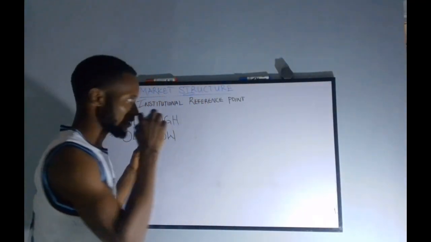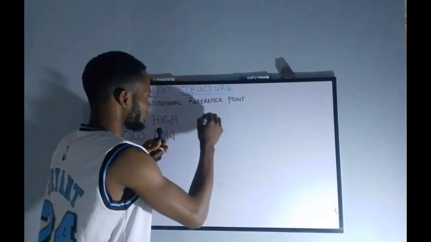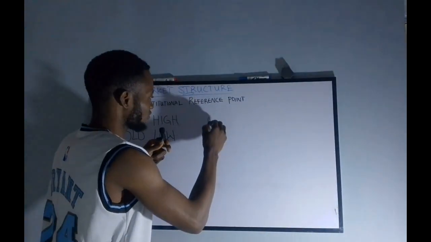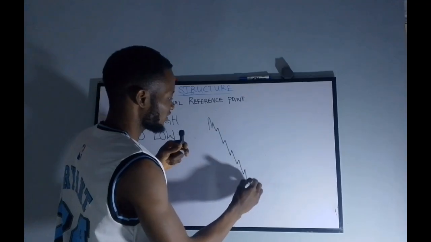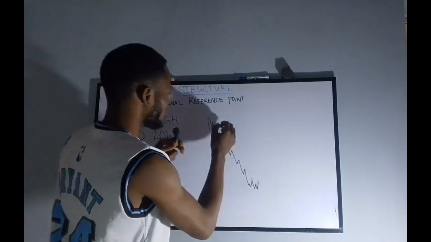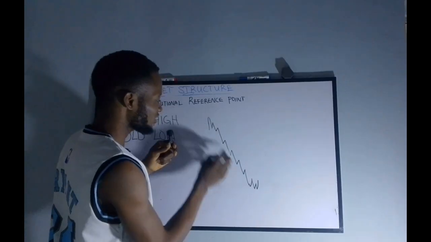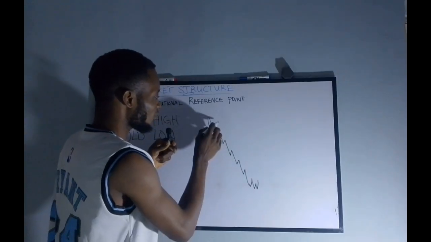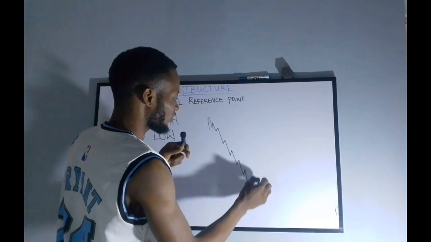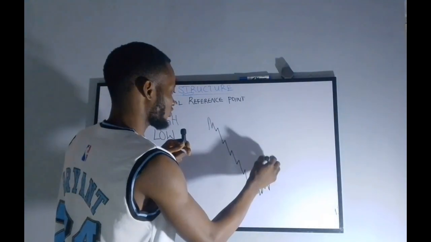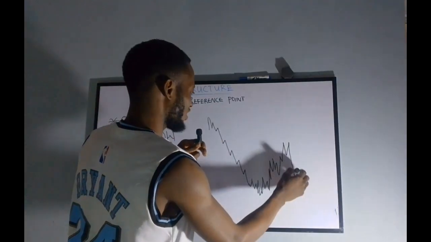And this is an example of it. Let's say for instance this is an old high, then price moved from there 6 months ago or 3 weeks ago or 2 weeks ago or 1 month ago, and then price created another low, and then price continued to move and then created another.